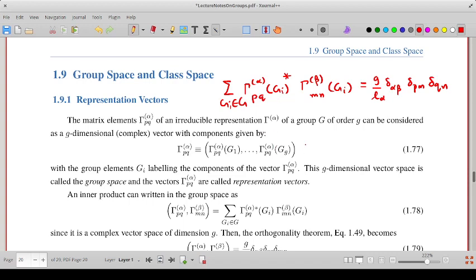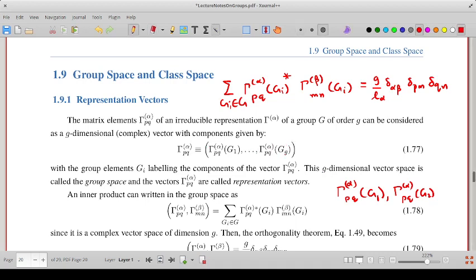So that means given an element g_i of the group, we can construct this matrix gamma^alpha(g_i), and for each p and q, I can construct gamma^alpha_pq of g_i. If the group has g elements, I can construct these numbers gamma^alpha_pq(g_1), gamma^alpha_pq(g_2), and so on up to gamma^alpha_pq(g_g).